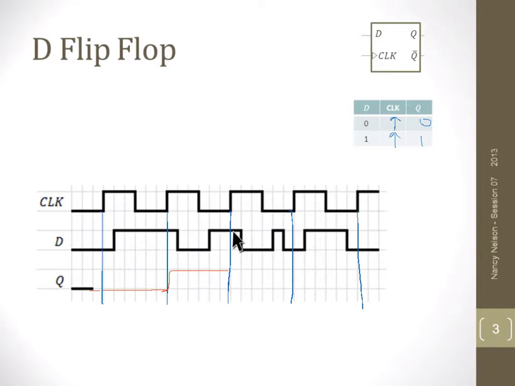Next sample point, D is still high, so this stays high. Next sample point, D is low, so our output follows and drops low. Last sample point, our input is low, so our output stays low.